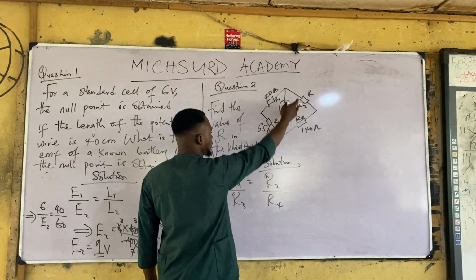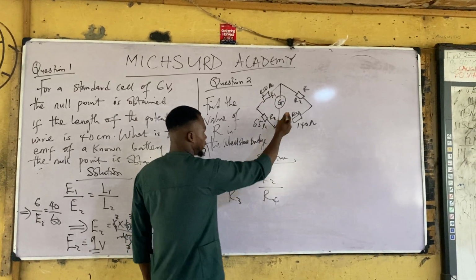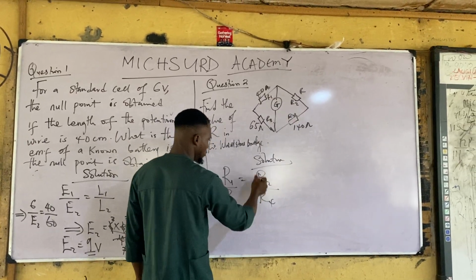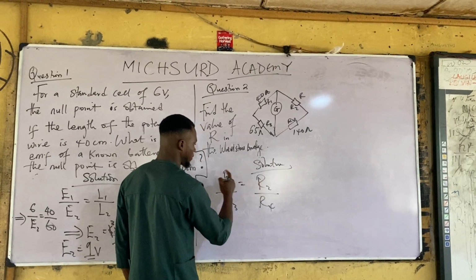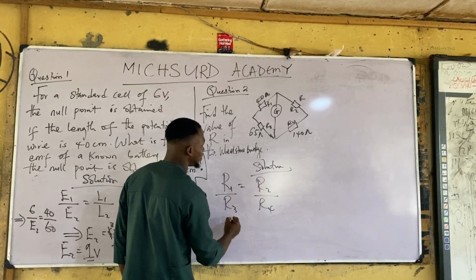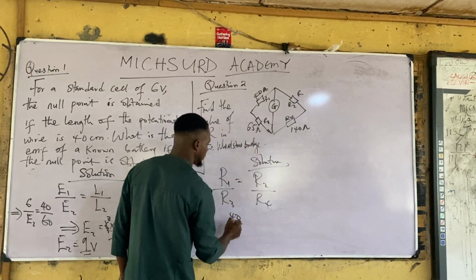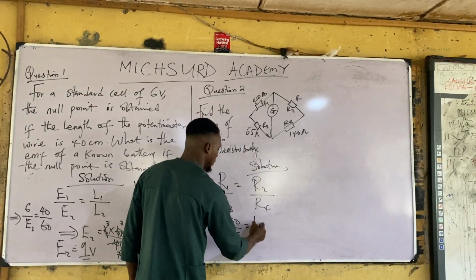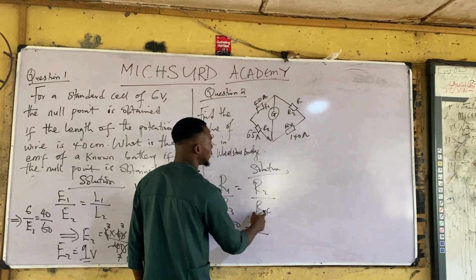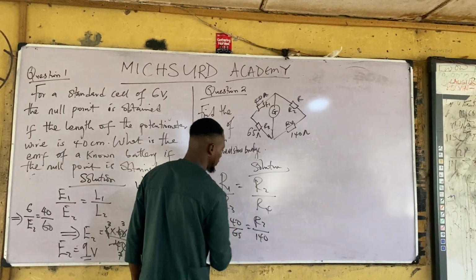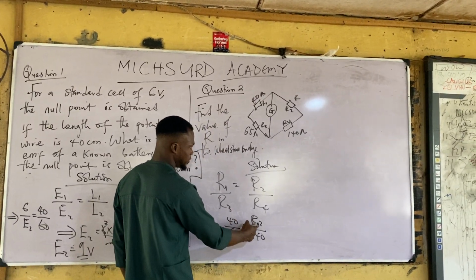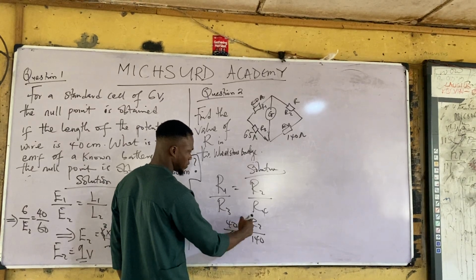So if you make the right substitution, what we are looking for is R2. So that means that if we substitute, our R1 is 40, our R3 is 65, and R2 is what we are looking for, then R4 is 40. So make R2 the subject of the formula, we are going to cross multiply.